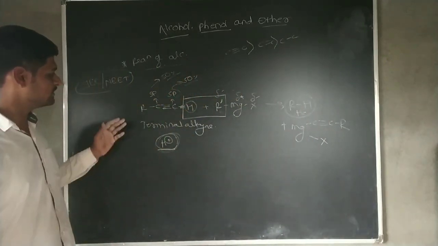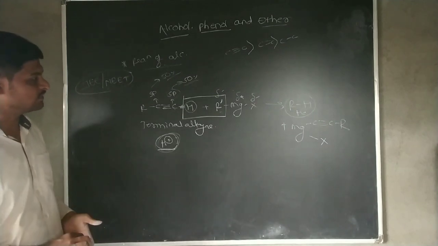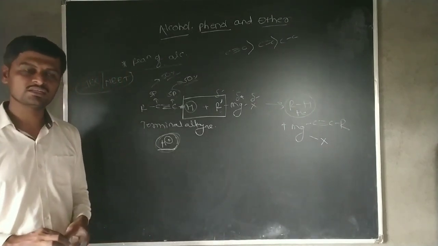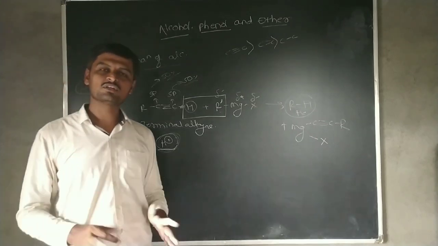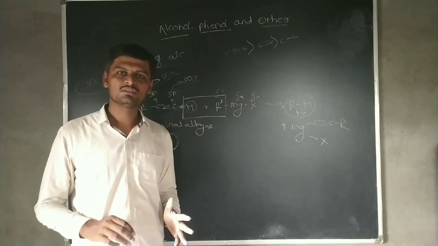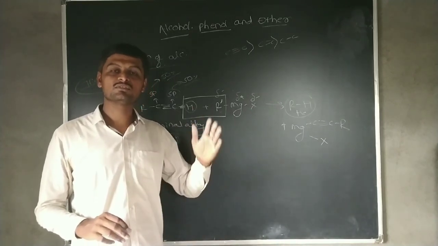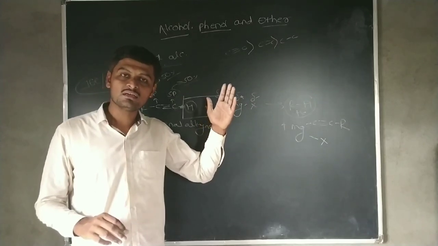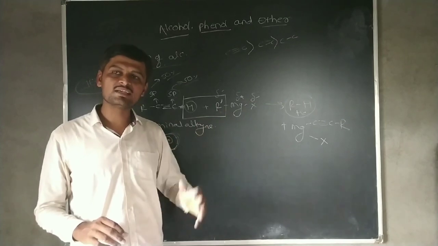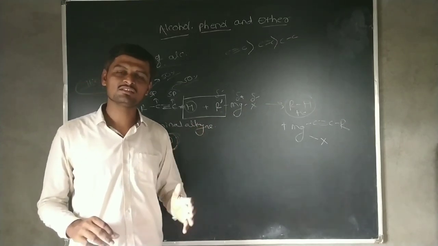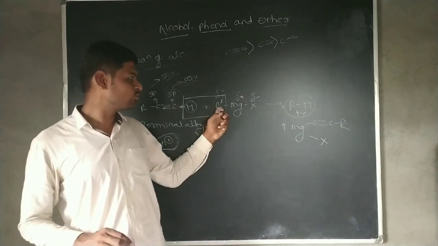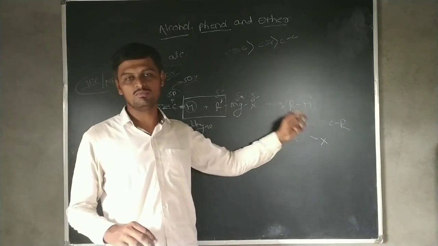Okay guys, these are some important examples of reactions with Grignard reagent. If any functional group which contains acidic hydrogen reacts with Grignard reagent, it forms the corresponding alkane, meaning the alkyl group present in the Grignard reagent forms the respective hydrocarbon.